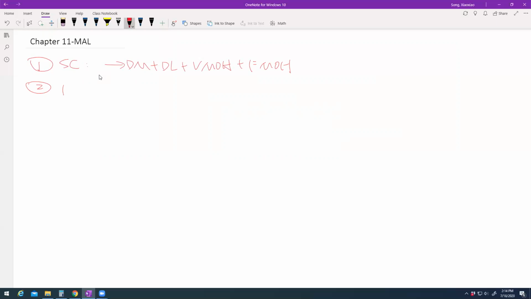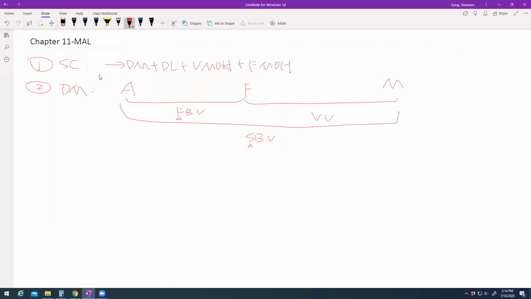Second, we talk about direct material, the variance. From chapter 9, chapter 10, we said you always have actual here, and then you have the flexible budget here, and the master budget there. This difference is called the flexible budget variance, this difference is called the volume variance, and this main difference is called the static budget variance.